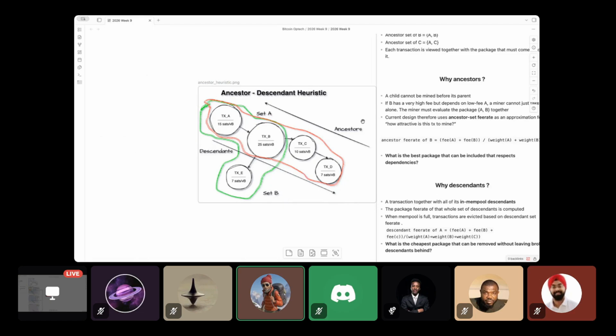What do you pick is the question, and there has to be some metric used to pick which set should go in first in the block. So we'll have a brief look at how these calculations are done currently using these heuristics. That way, we can understand what the problems involved are and how cluster mempool solves for them.